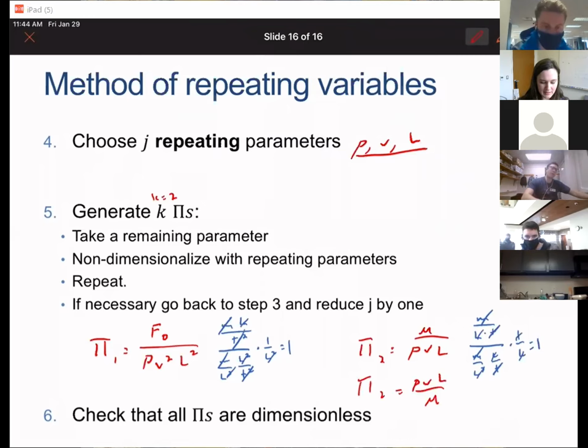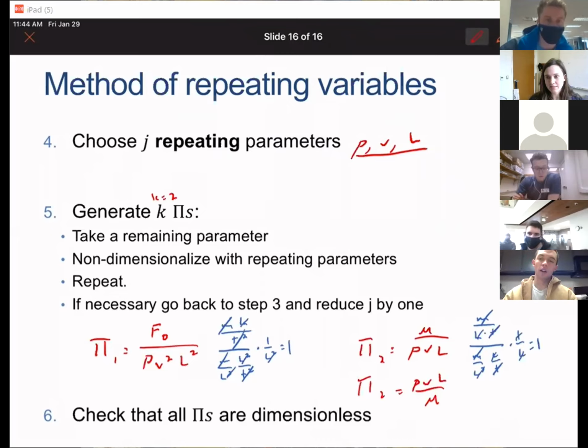You can't get pi 1 just by taking pi 2 and squaring it or multiplying it by 2. Since it covers everything and they're all dimensionless, we know that we have enough pi's. If we weren't able to do that, we would have to reduce j by 1, which would mean we need another pi, and so we'd try to find 3 pi's and so on. In this case, 2 pi's covers everything.